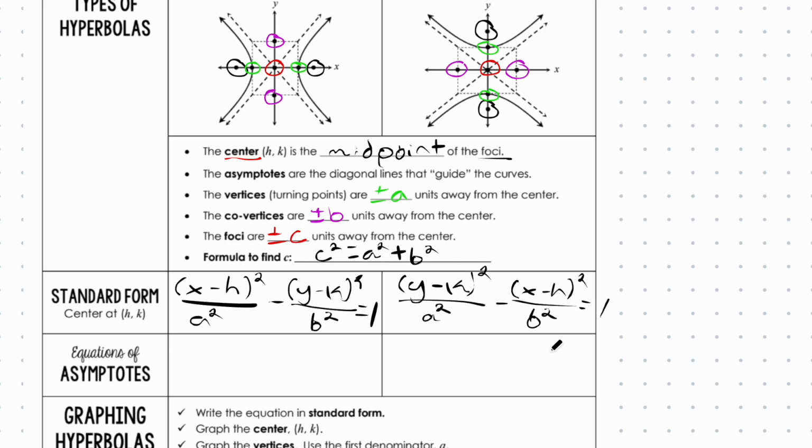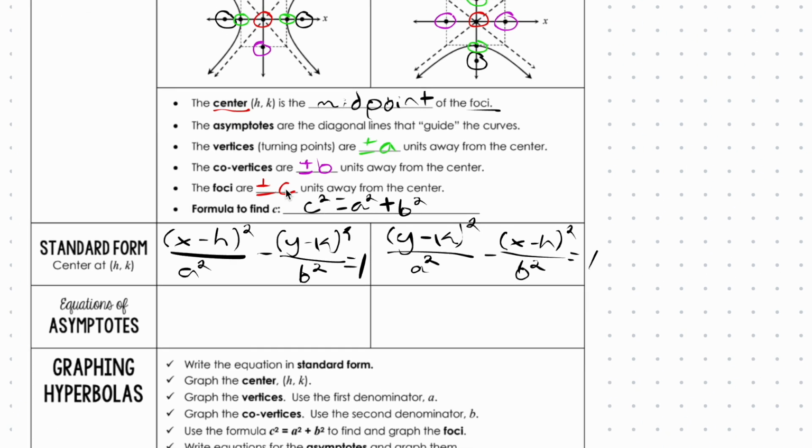We see that all these are equal to 1, that our a value is under our first term, and our b value is under our second term. Whichever term it starts off with, if it's y, it's vertical, and if it's x, it's horizontal.